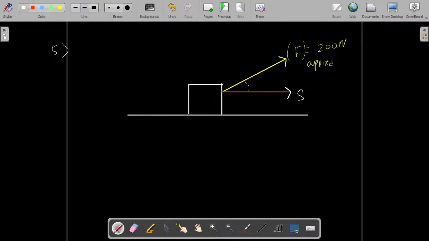Suppose the angle is 30 degree, you have to find work. So which formula you have to use? That is F s cos theta. You have to find work done by applied force.